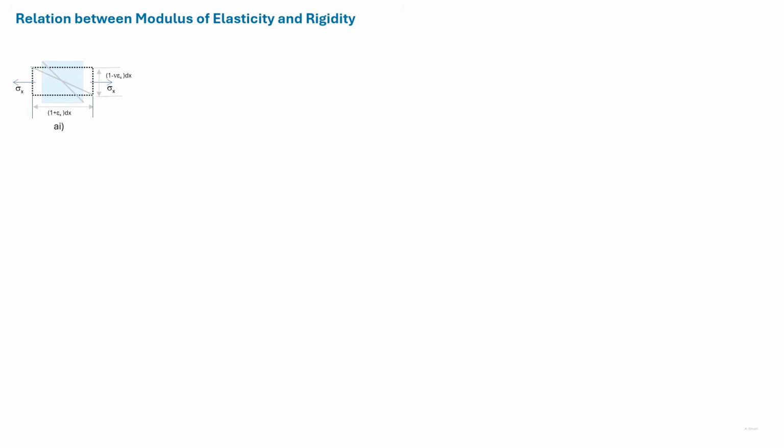A square element here is shown in blue. Each of the sides is of length dx. A stress sigma x is applied as shown. Hence, the x direction will extend in length while the y direction will contract in length. The extension can be said as epsilon x dx.